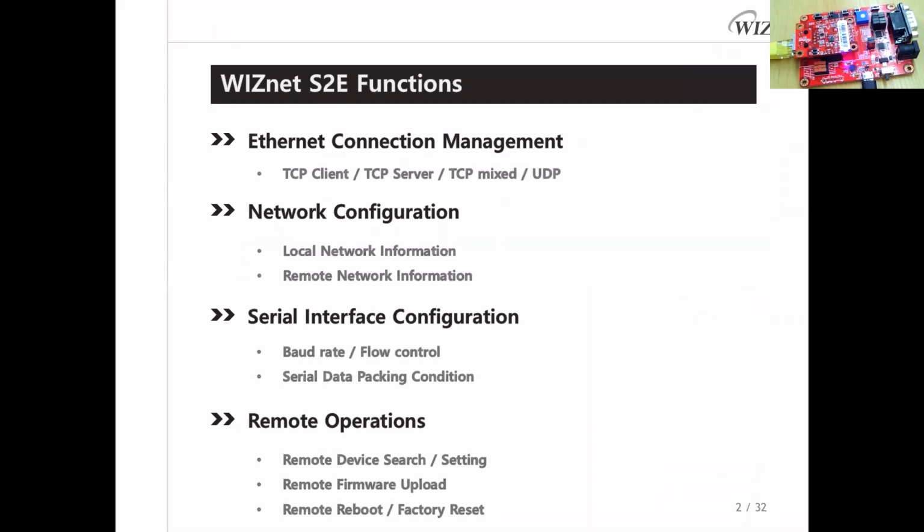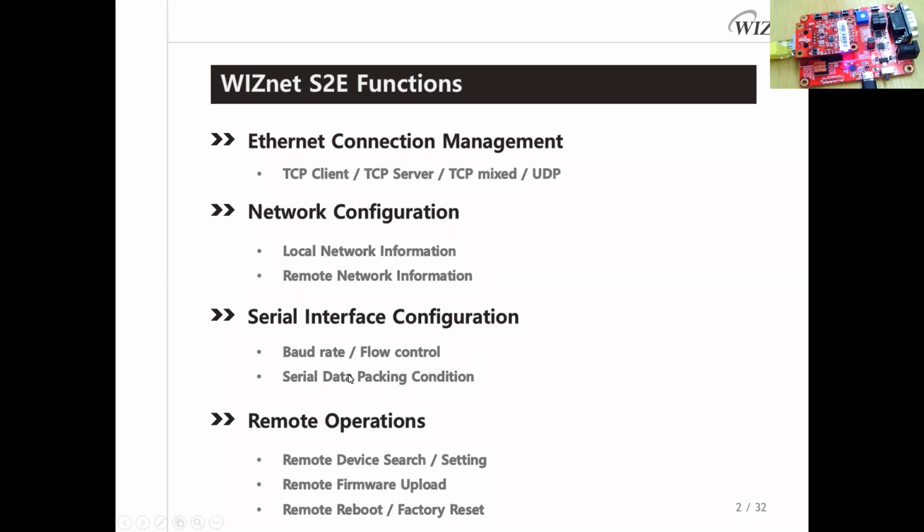First, we will look at what functions our serial to Ethernet modules provide and go into details about how the function is implemented. Wiznet's serial to Ethernet functions control the Ethernet connections such as TCP client, TCP server, TCP mixed, and UDP, and also control the settings of local network and remote network configuration.